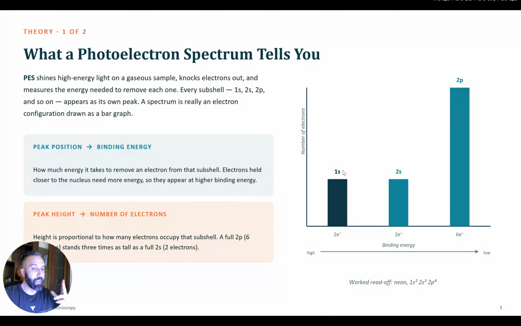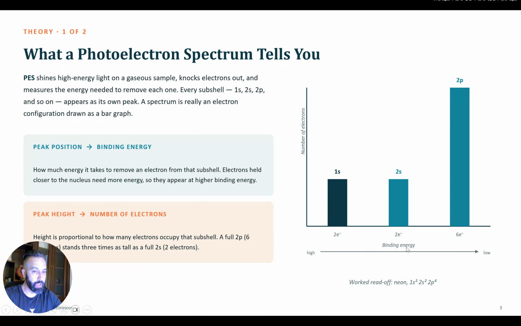The second piece of information that this gives you is the position of the peak. If you look here, you'll see it says binding energy. Again, this is not something that is going to be visible in most of the questions, but you should know whatever is more on the left side has a higher binding energy. This is logical. It's Coulomb's forces, right?